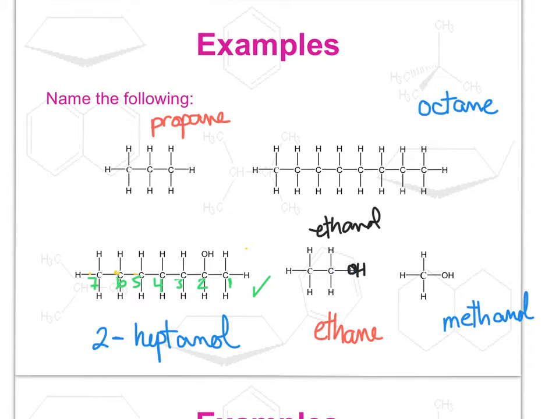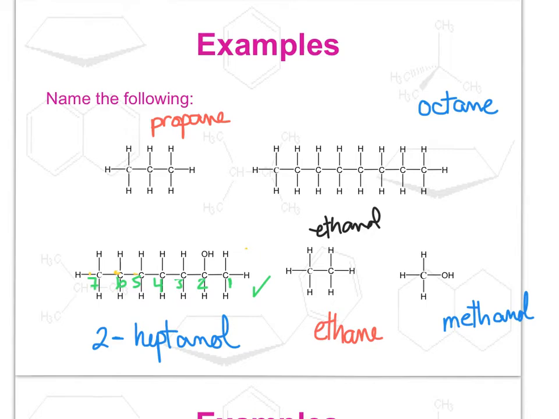If the OH was, let's say, on this carbon instead, well, then in that case, you would say that this is carbon number 1. So either way, it's going to be on carbon number 1. So we really only need to put a number there for an alcohol if it's 3 carbons or more, then it would matter.